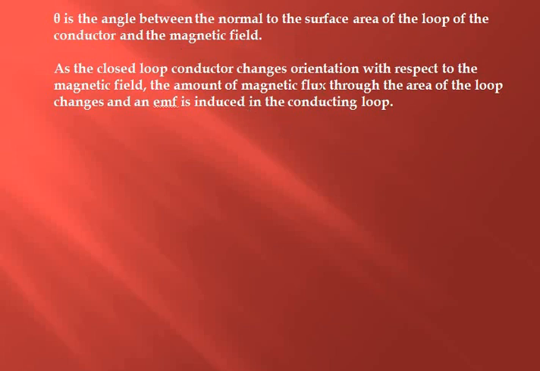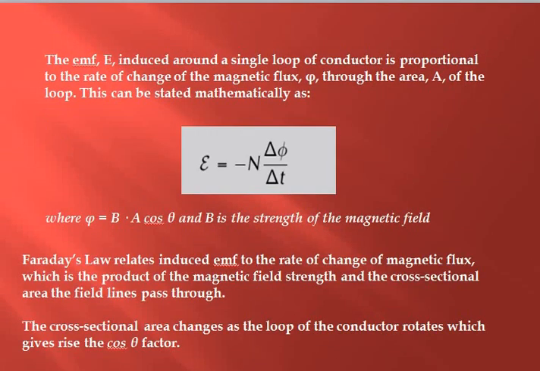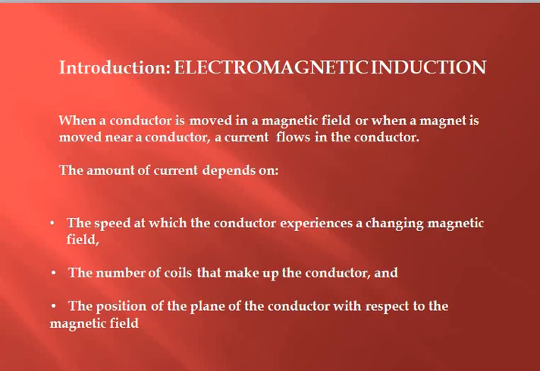As the closed loop conductor changes orientation with respect to the magnetic field, the amount of magnetic flux through the area of the loop changes, and an EMF is induced in the conducting loop. So in a nutshell, this is electromagnetic induction. What is electromagnetic induction?